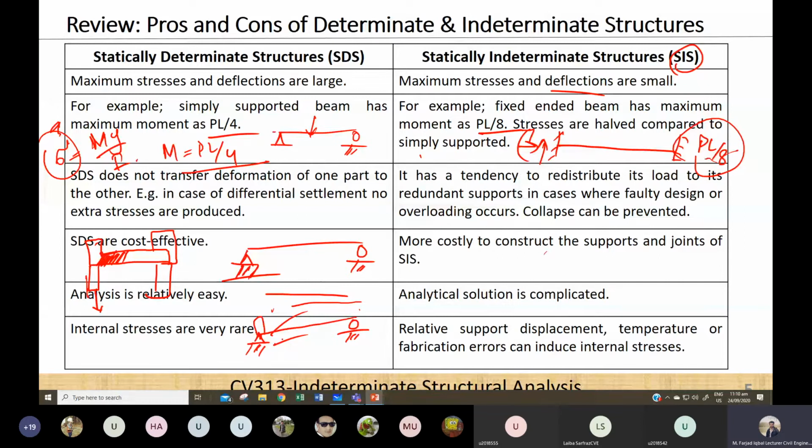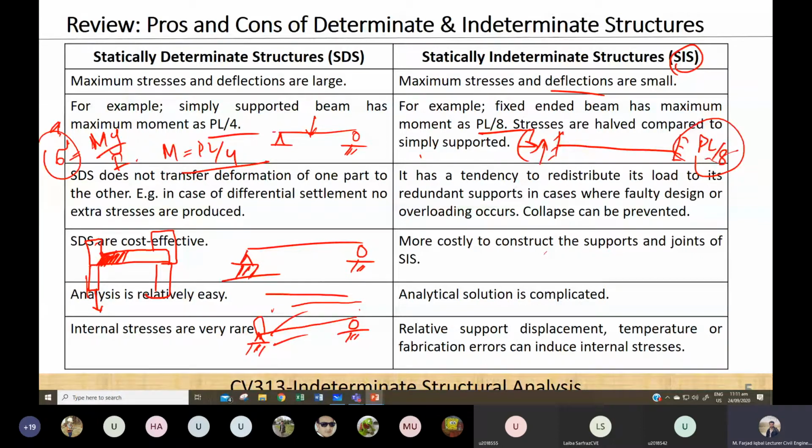So the stresses developed in determinate structures are quite small compared to the indeterminate structure. This is not the main concern for us, this is just to let you know about some theoretical differences.